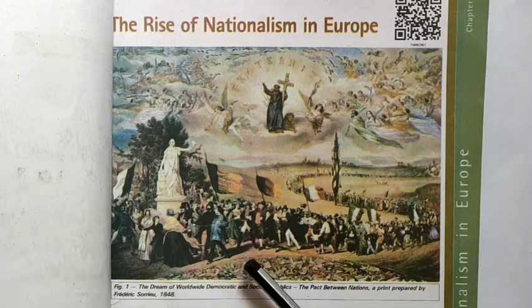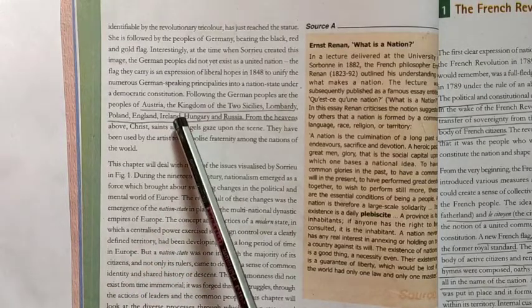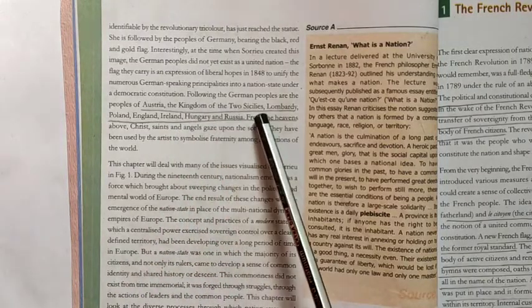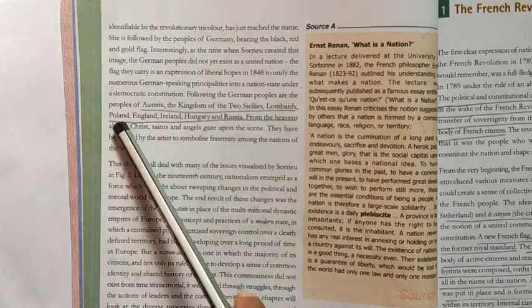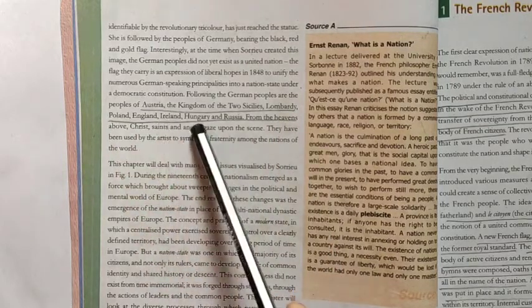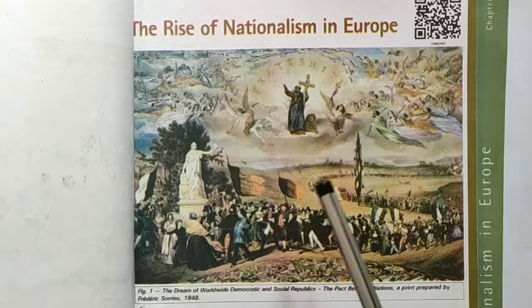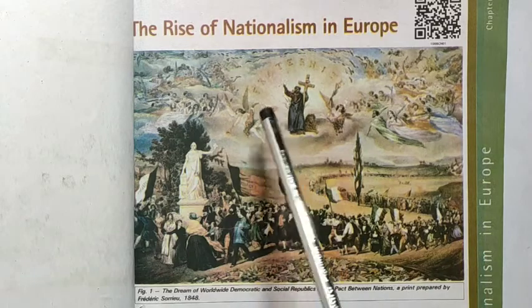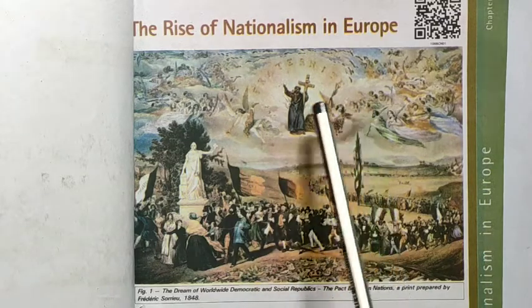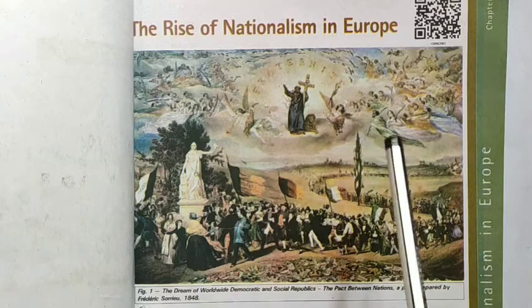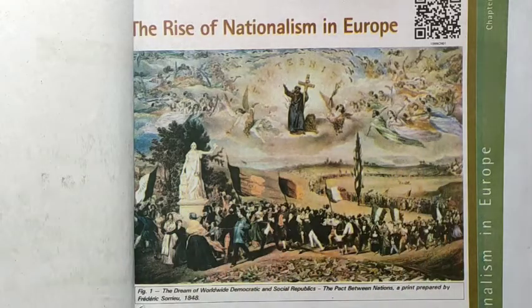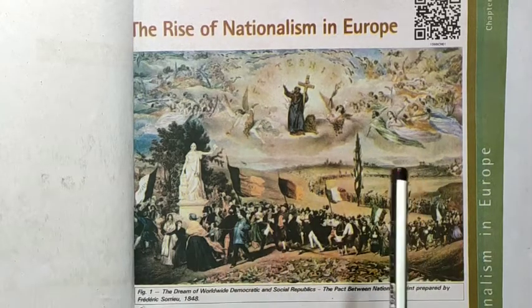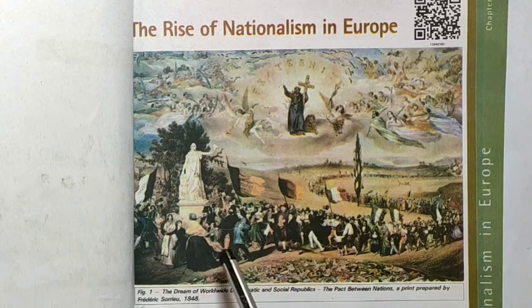There are people of Austria, the Kingdom of the Two Sicilies, Lombardy, Poland, England, Ireland, Hungary, and Russia. And in the sky above, the image of Christ, saints, and angels have been used to symbolize fraternity among the nations of the world. Can you describe what this painting signifies?